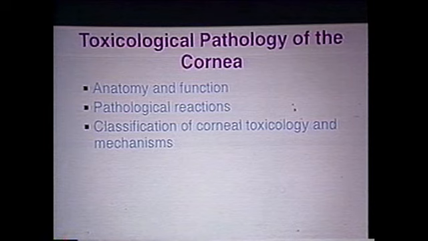And then I'm going to cover the basic pathological reactions which take place in the cornea. And thirdly, I'm going to cover a classification of the corneal toxicology and talk about some of the circumstances in which the corneal toxicology can arise, and say a word or two about the mechanisms.